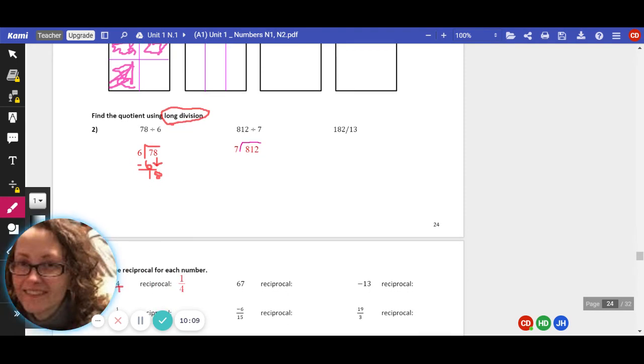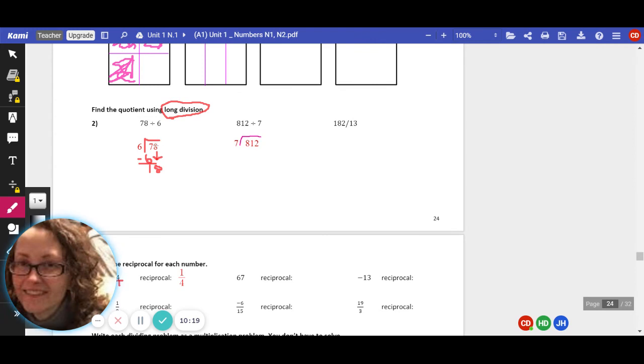In this next section, we are asked to review using long division. In part A, the first number, 78, will go on the inside of my division. And we ask first, how many times does 6 go into 7? We get 1 time. Then we take our 1 times 6 gives us our 6, and we subtract. 7 minus 6 gives us 1.